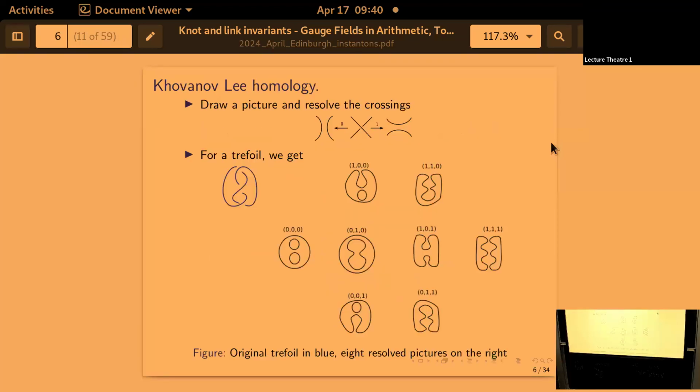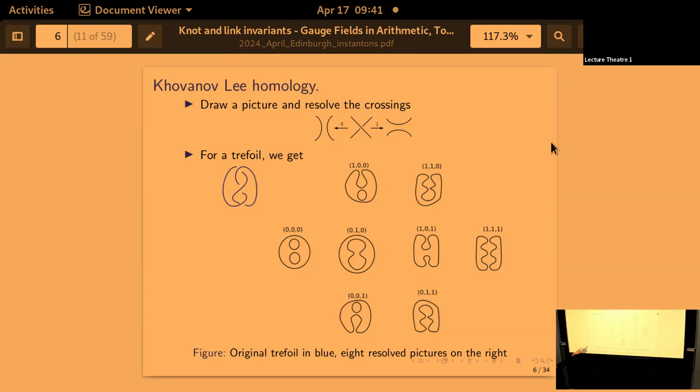The knot and link invariant of this type, complicated to define and easy to compute, that I'm going to be talking more about is the Khovanov-Lie homology. The Khovanov-Lie homology is kind of similar. You start with a picture of your knot in two dimensions, so that it has crossings. Then for each crossing, you do what's called the resolution, or you resolve the crossing in two ways.